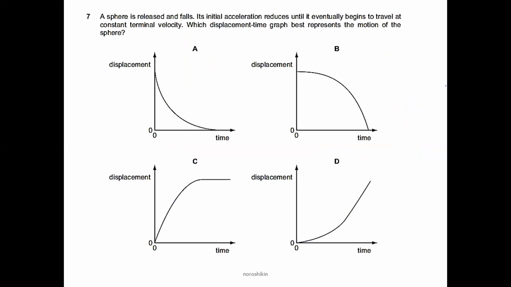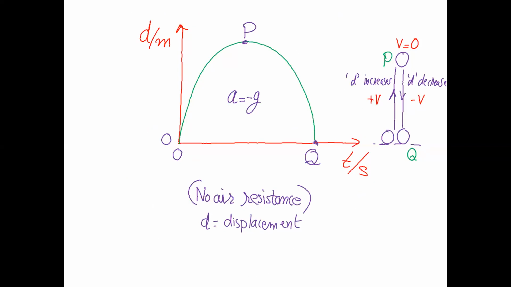If you draw a tangent at the maximum point, at the turning point, the gradient would be zero because the tangent is parallel to the x-axis. Done, sir.